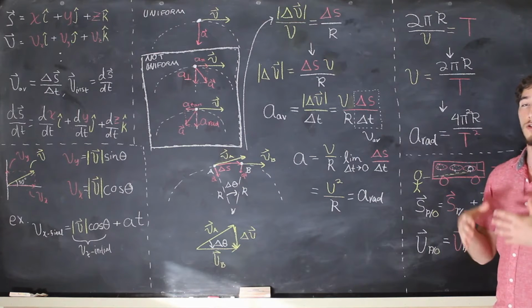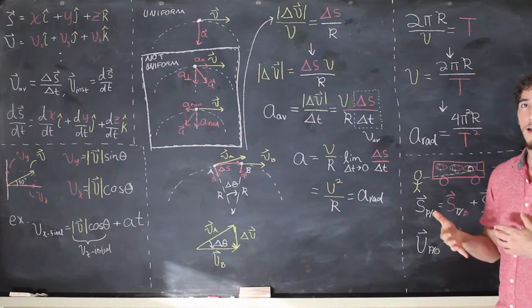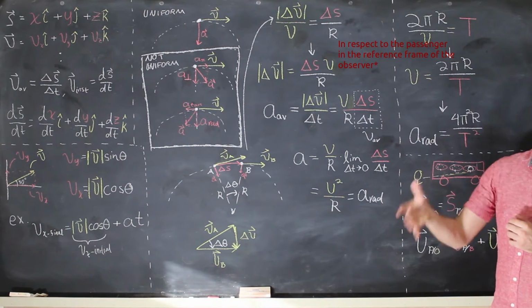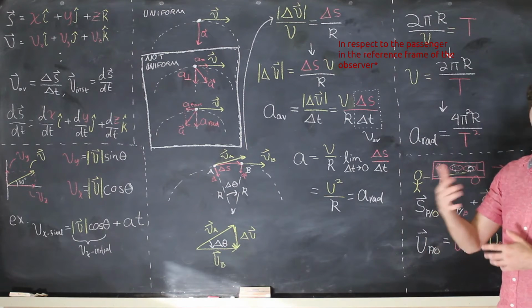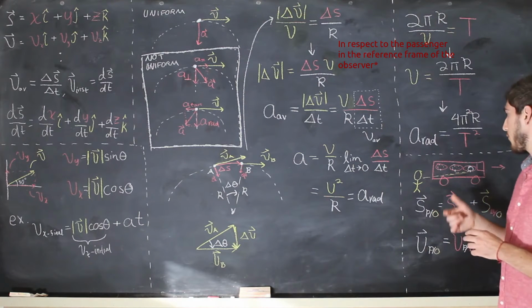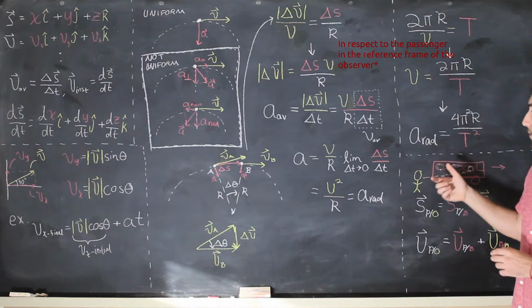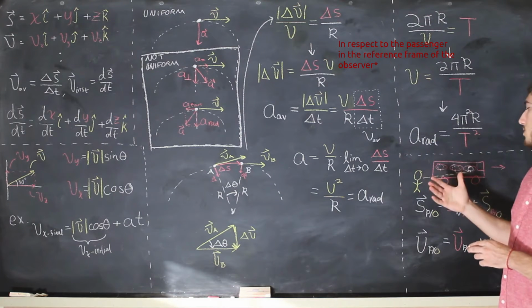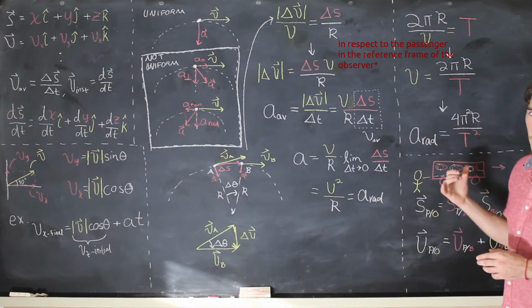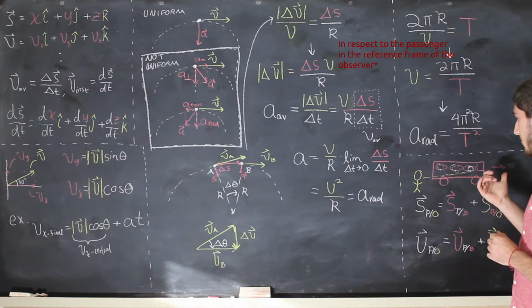When the passenger moves within the bus, then it's going to be an additional speed or a subtraction of speed. If the person is moving to the back of the bus, it would decrease the velocity. If it was moving to the front of the bus, then it would increase the velocity.